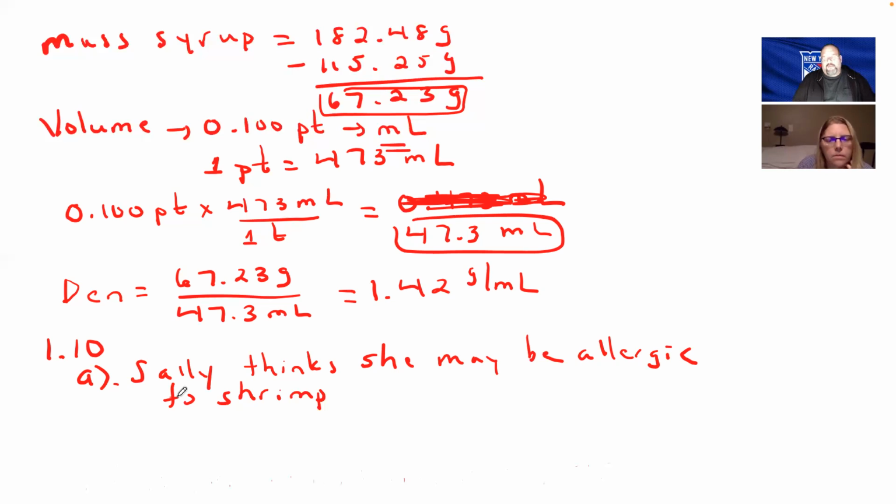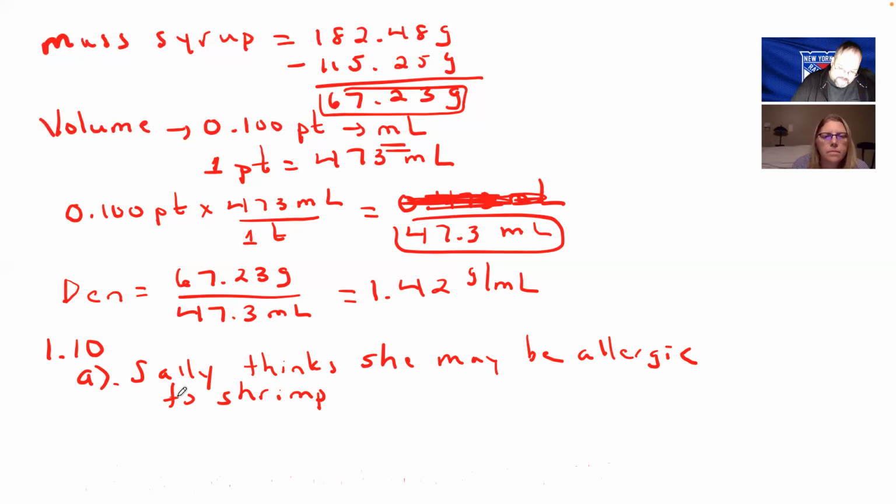Is it an experiment? Well, it's not really something she's testing. Is it a conclusion? Possibly, but if she was concluding something, the statement might read, Sally has found that she's allergic to shrimp.